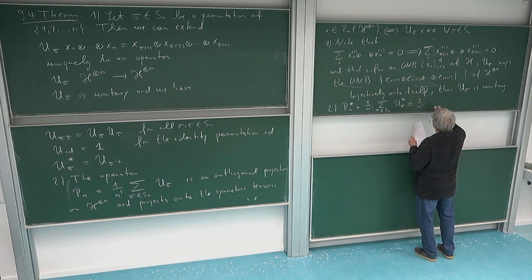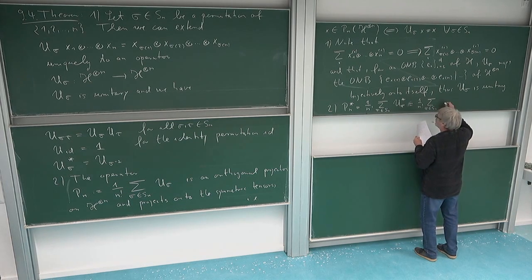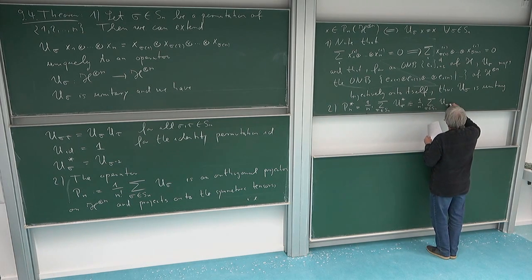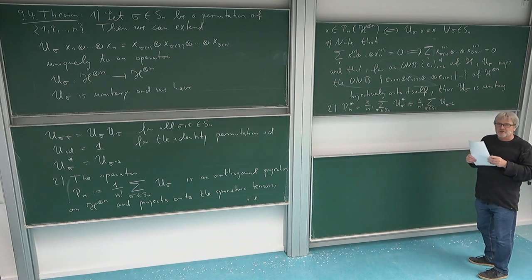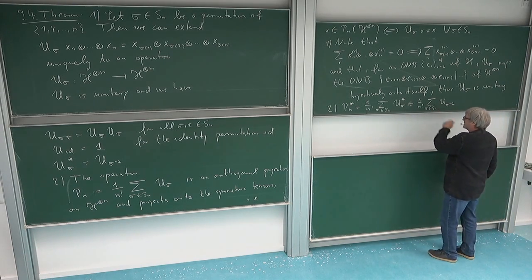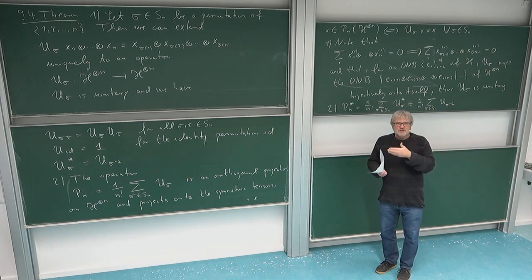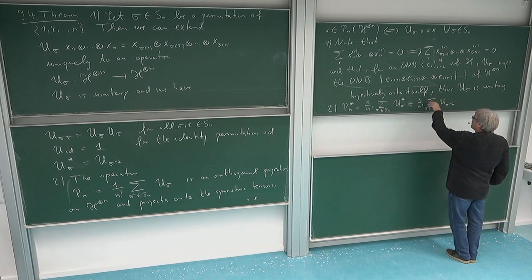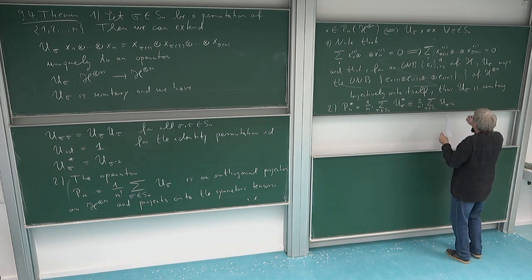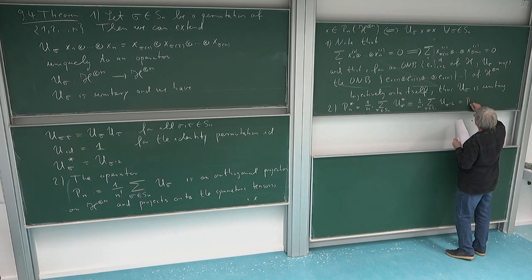So this is now 1 over n factorial, I'm summing over sigma in S_n, and now I have here U, not of sigma, but of sigma inverse. But of course, if sigma is running through the permutation group, sigma inverse is also running through the permutation group. So I'm still summing here over the whole permutation group, and I'm taking U of all those guys. So this here is nothing else than P_n again.